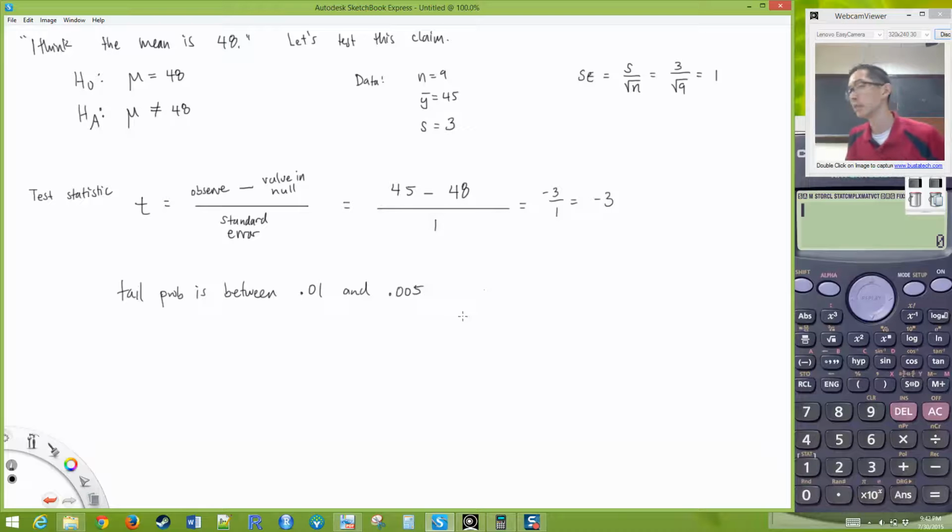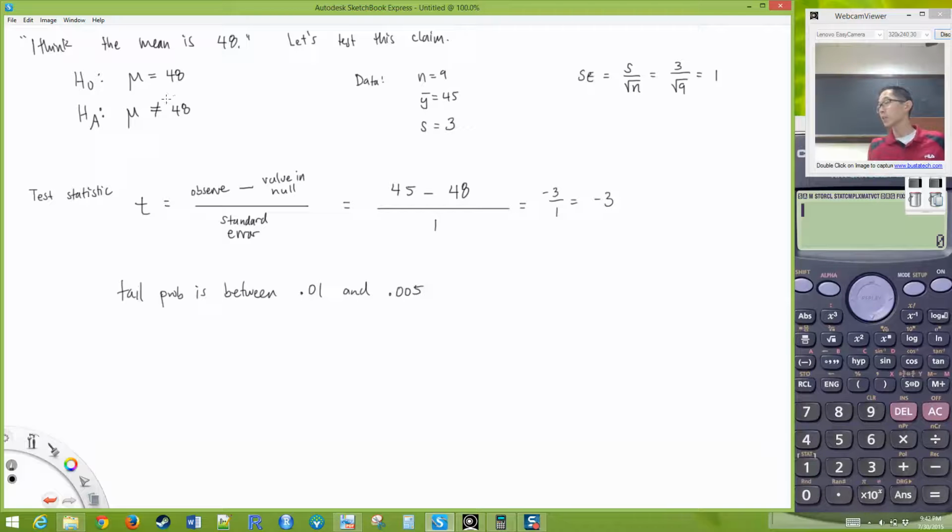Now, I have to bring up a rule here that says whenever you have a not equal sign, the resulting p-value ends up being double your tail probability. The reason is that my null claims that mu is 48, and my alternative says I don't think it's 48.